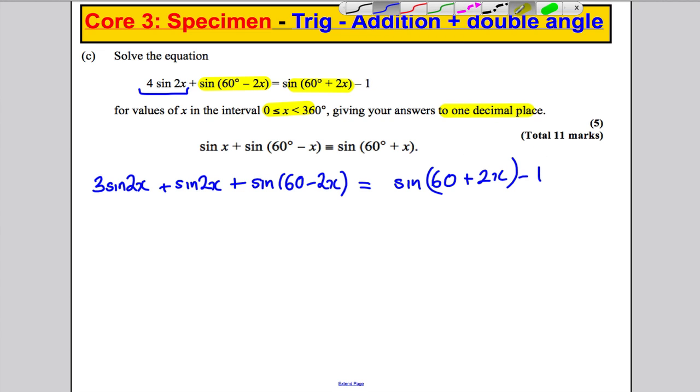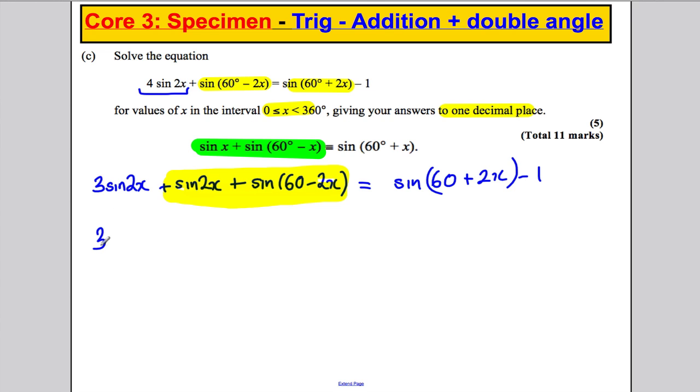All of a sudden, this part here, sine 2x plus 60 minus 2x, looks very much like this here, apart from the x is doubled. So we can use this identity here and replace this by this.